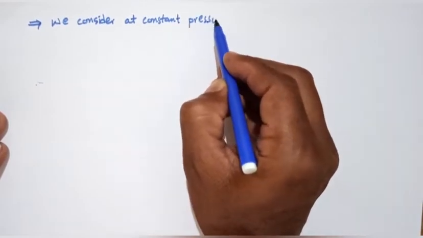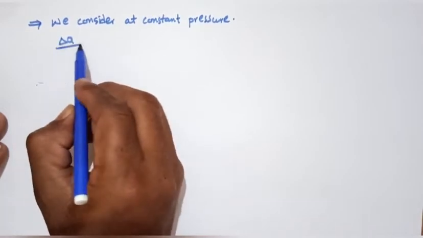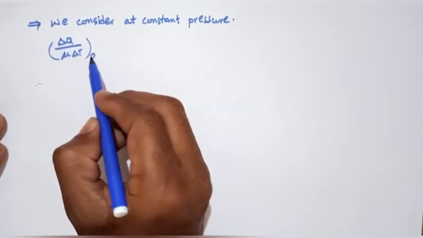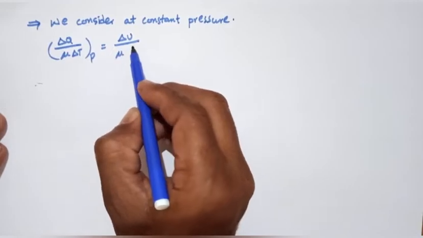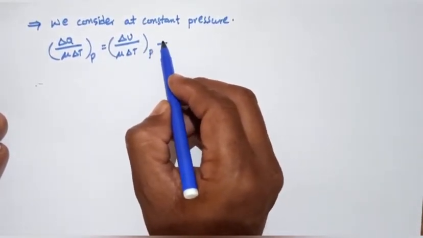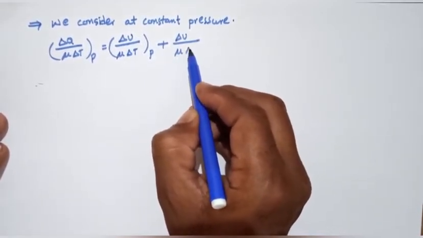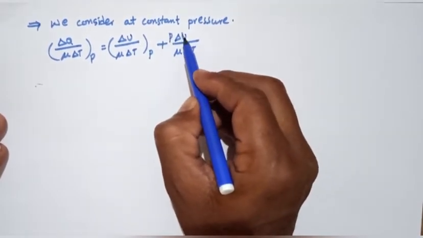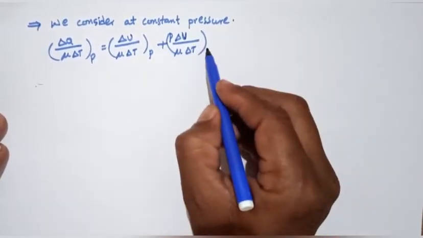Then delta Q by mu into delta T at constant pressure equals delta U by mu into delta T at constant pressure plus P delta V by mu into delta T at constant pressure.